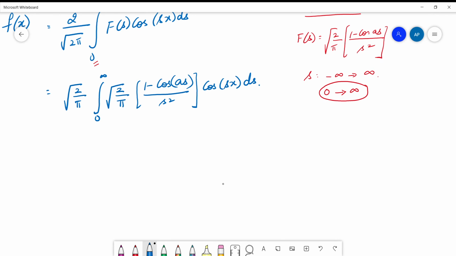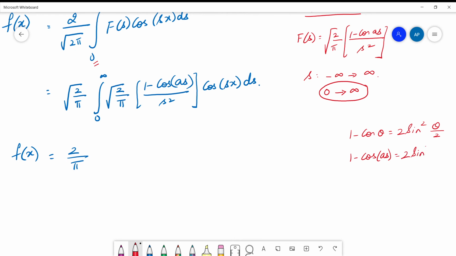So before that, I shall rewrite the constant as 2 by pi, and recalling the formula that 1 minus cos theta is 2 sine square theta by 2, as I told you a few minutes back, 1 minus cos of as is 2 sine square as by 2. That's how we should replace the given numerator.